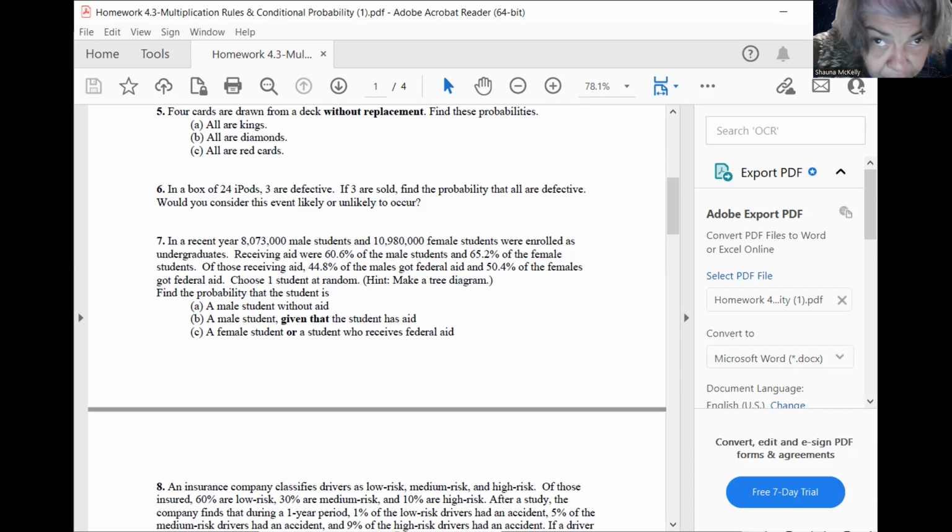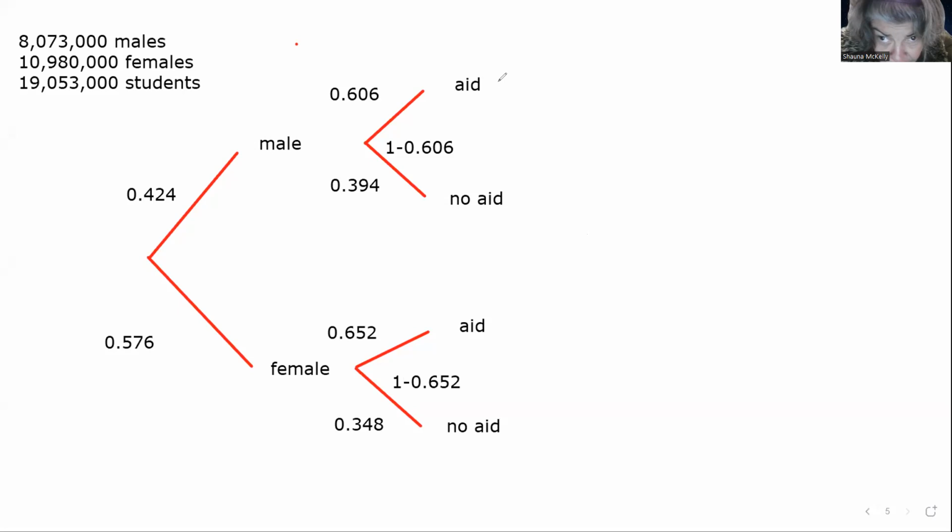So now we're going to look at this. Now you have to be a little bit careful. We have to make sure we're on the aid branch. So we're going to make sure that we're on the aid branch, and we're going to extend this out. Just the aid. Now, we don't know anything about no aid, but we do know that it was either federal or not.